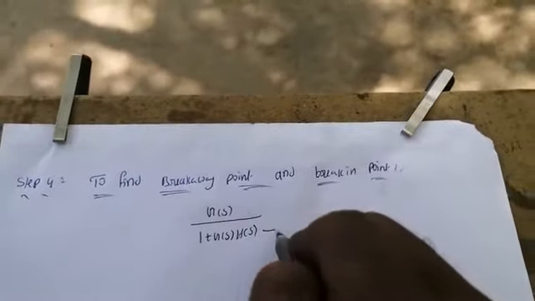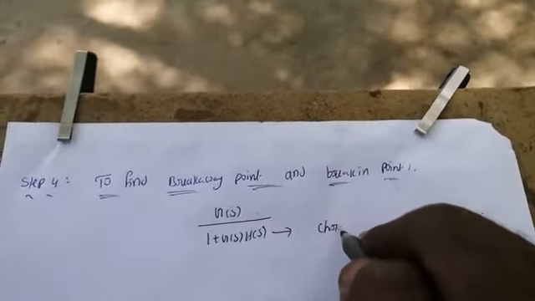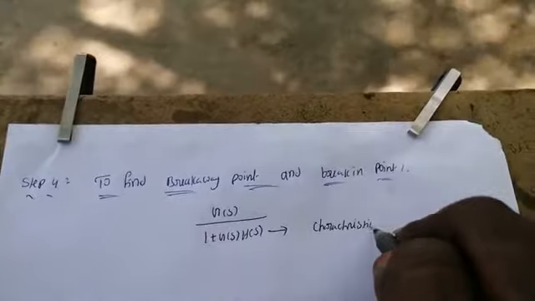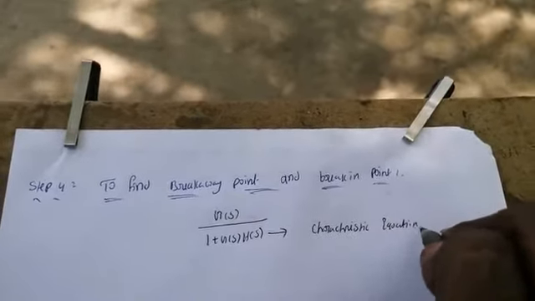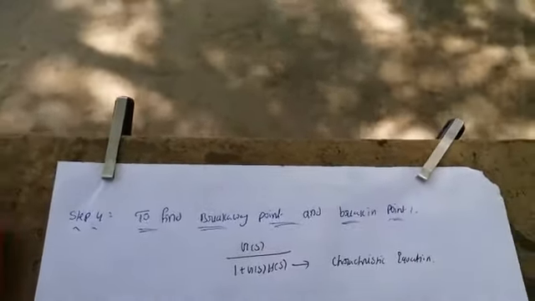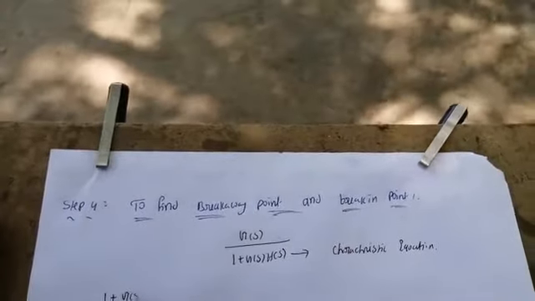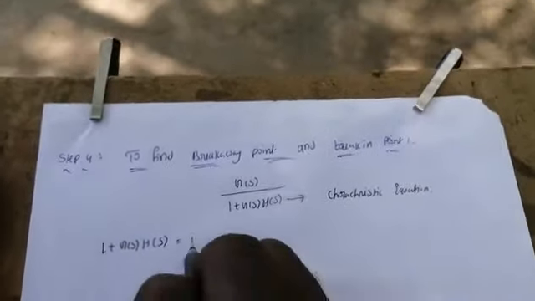Here the denominator represents the characteristic equation. Let me write that characteristic equation here: 1 plus G(s) H(s) equals 0.